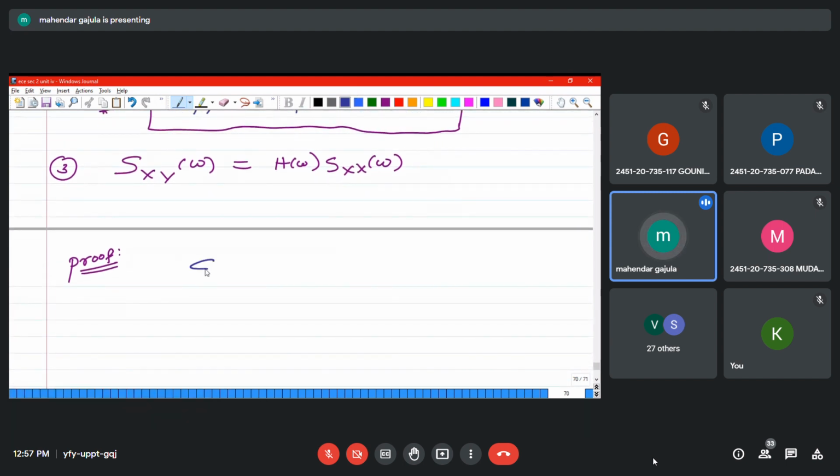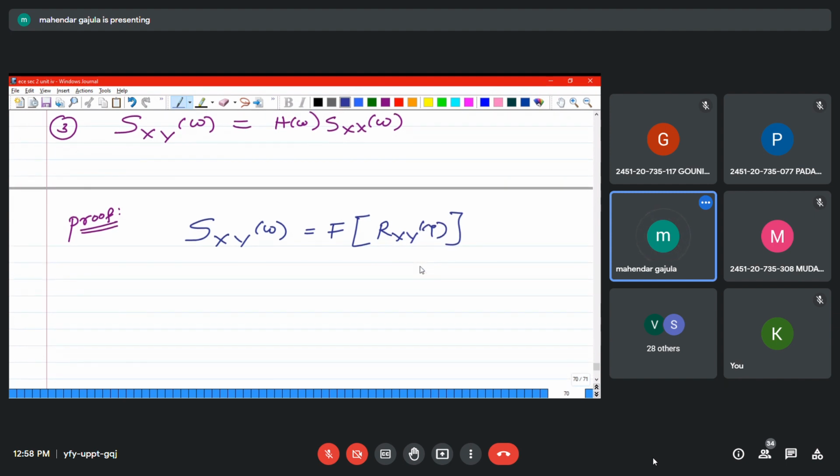See what we have to do. First we have to apply the formula of S_xy(ω). Omega means frequency domain, so we have to apply the Fourier transform on the cross correlation R_xy(τ).